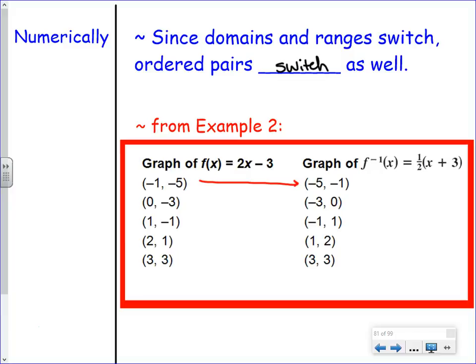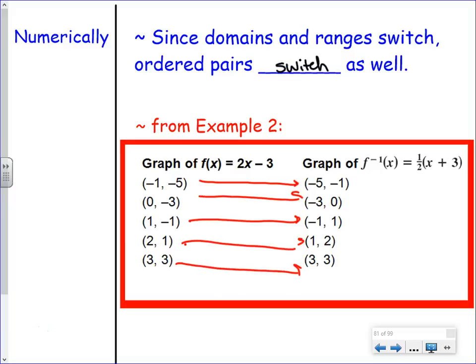So we like table problems because they're easy, you just flip the numbers. Yep. Should, as long as you make the connection. Some people wouldn't have made it on their own, and they'd be like, I don't know what to do. But if the domains and ranges switch, if all the x's of one become the y's of the other, then just switch, switch, switch as you go from the points of one function to the points of its inverse.